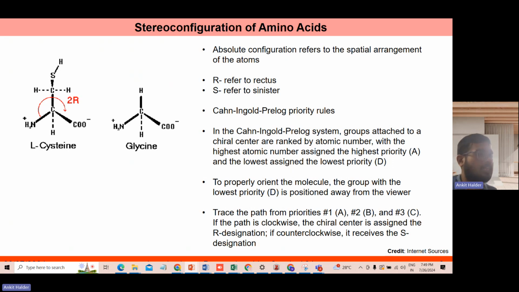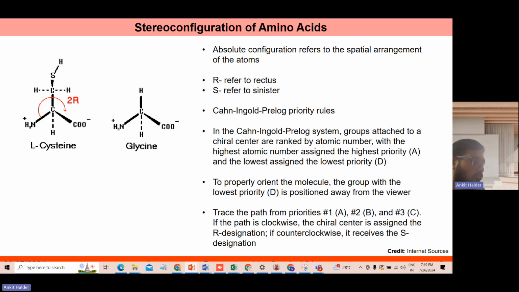The groups attached to a chiral center are ranked according to their atomic number, with the highest atomic number assigned the highest priority and the lowest atomic number assigned the lowest priority. Okay, so this is the configuration to determine R or S.